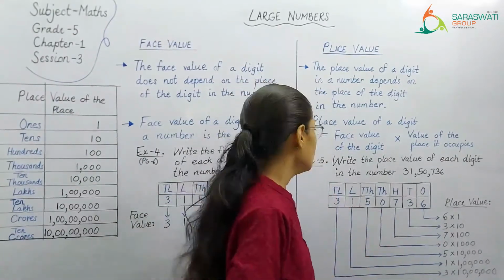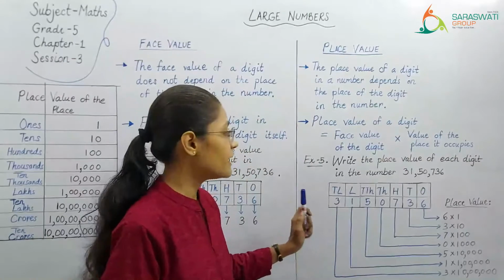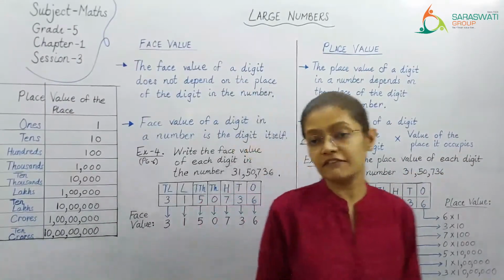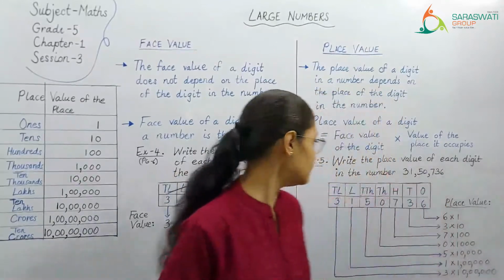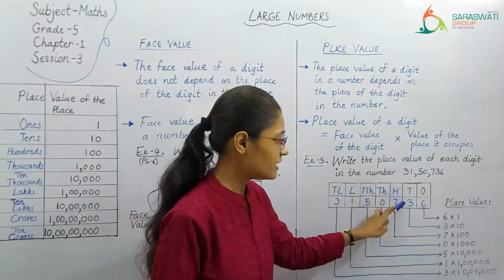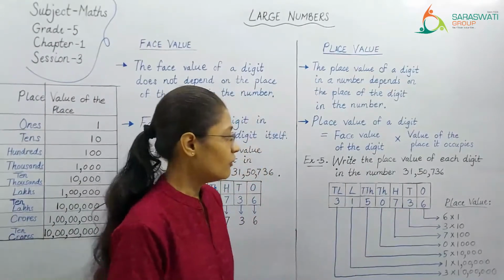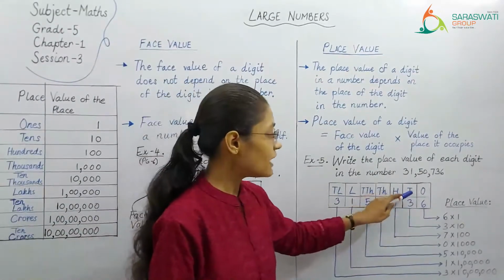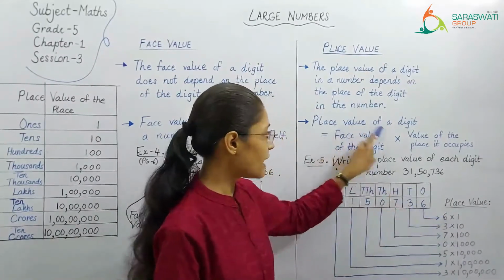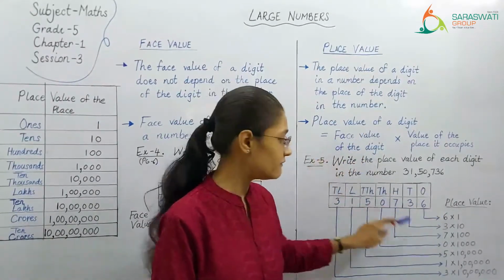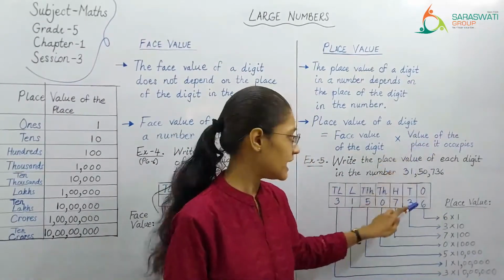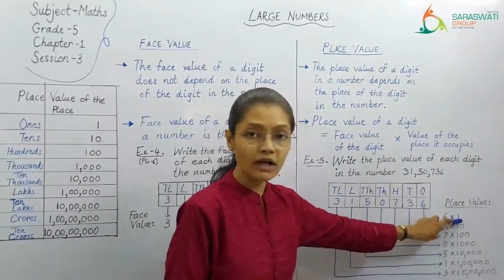Now, in example 5, we have to write the place value of each digit in the same number that is given in example 4, that is 31,50,736. The place value of digit 6 at one's place is the face value of the digit, that is the digit itself, 6, multiplied by the value of the place, that is 1's place, so 1 in this case.